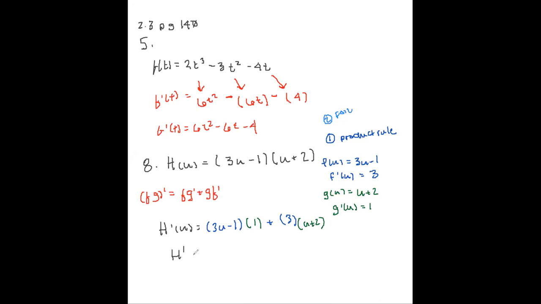So h prime of u is equal to 3u minus 1 plus 3u plus 2, or 6u plus 1. Okie doke.